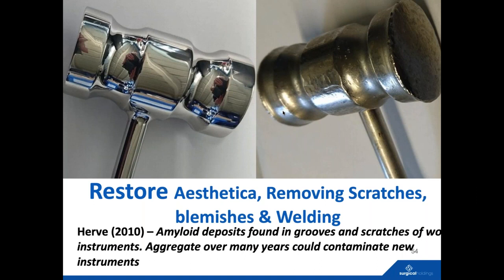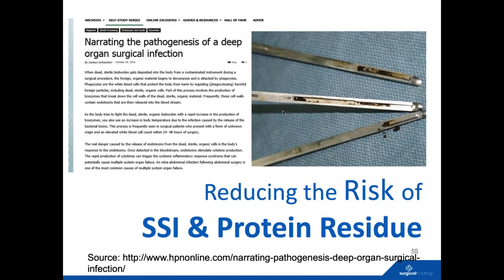This is a refurbished mallet, but people think that devices are new. Surgeons like that. You can also at the same time remove all the scratches and any recesses where you might get protein or any contaminants sitting, also reducing the risk of surgical site infection.